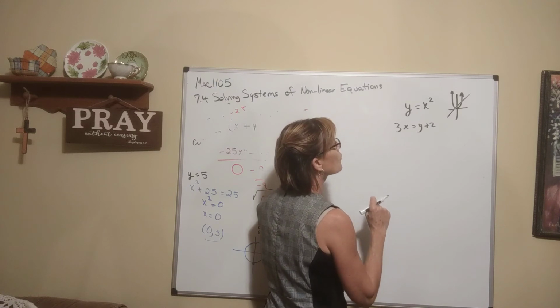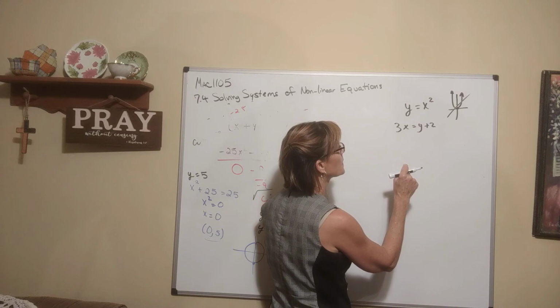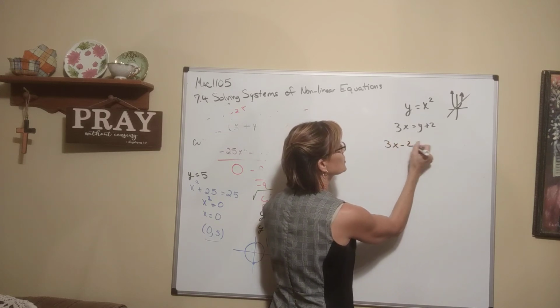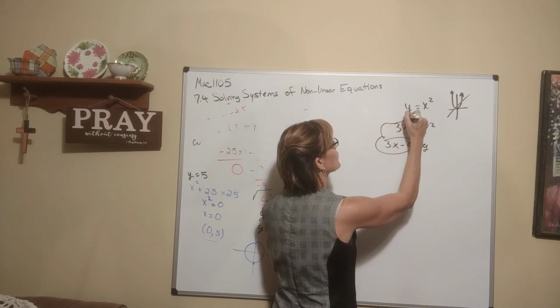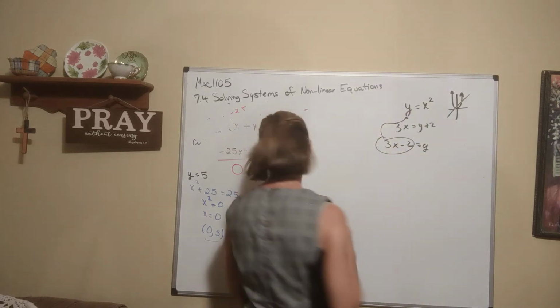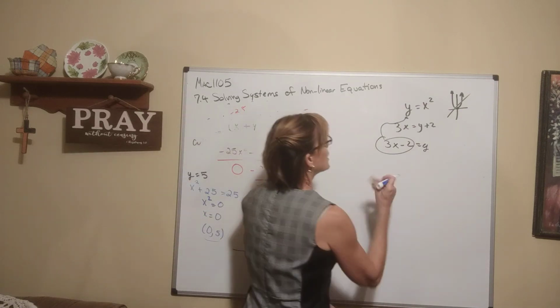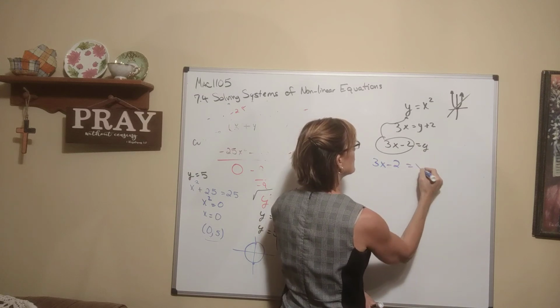I'm going to solve for y by itself. I'm going to get 3x minus 2 is y. I'm going to substitute this in for the y right there. So in the top equation, I get 3x minus 2 is equal to x squared.